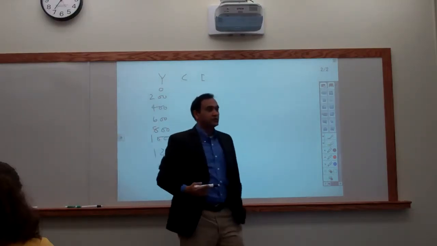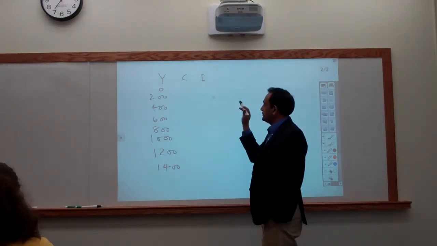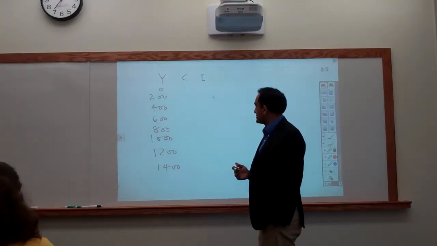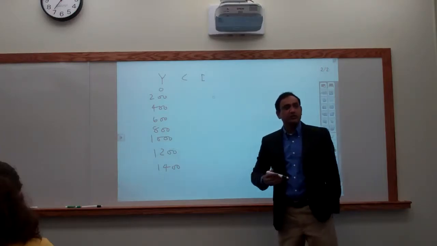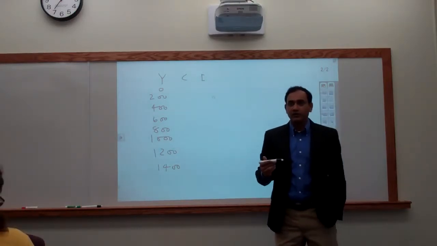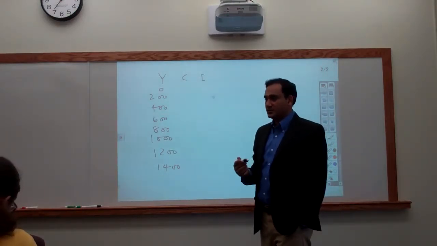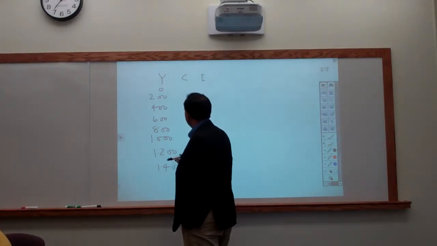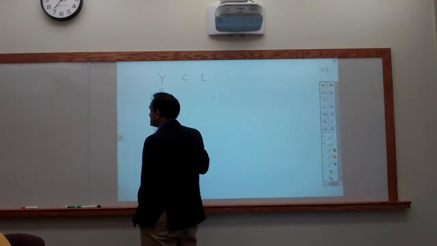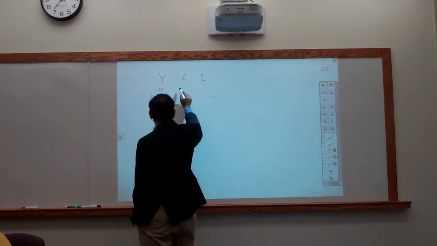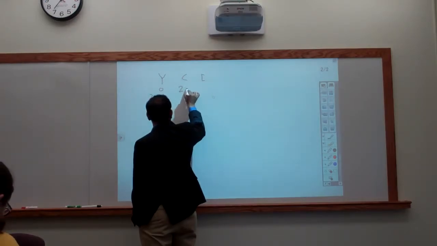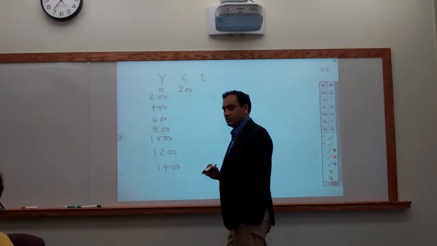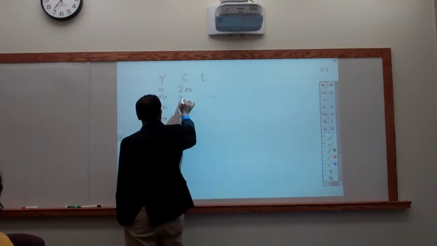You have to tell me the corresponding levels of consumption given the consumption function I provided in the previous slide. The consumption function is 200 plus 0.75y, so the marginal propensity to consume is 0.75. Plug in 0, and you get 200. Plug 200 into the function and get 350.